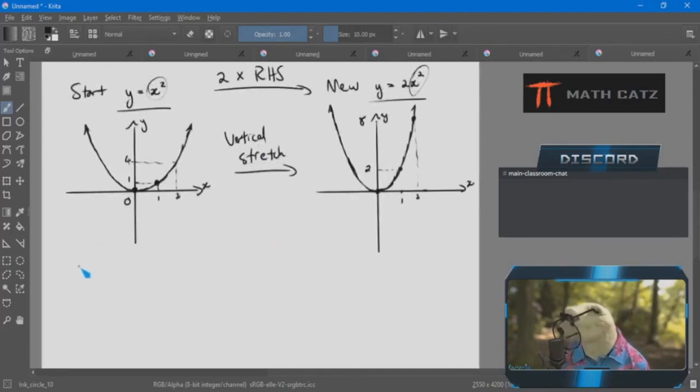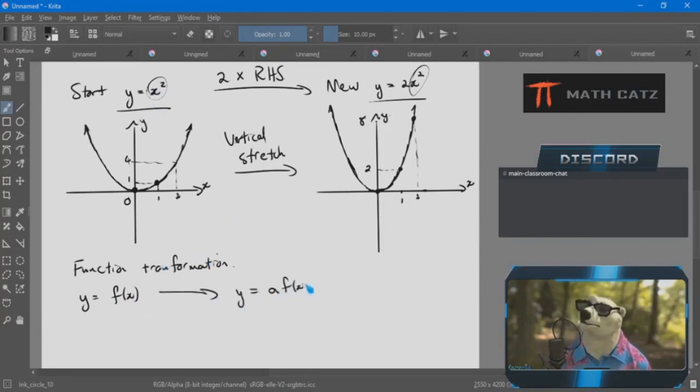So let's summarize it over here. So if I have a function transformation, that is, I have some function, right? We're not married to this x squared. It could be any function. And then I am going to multiply it by some positive number.